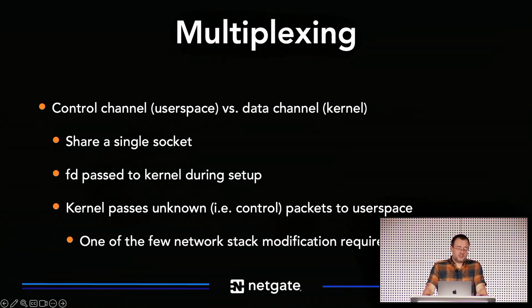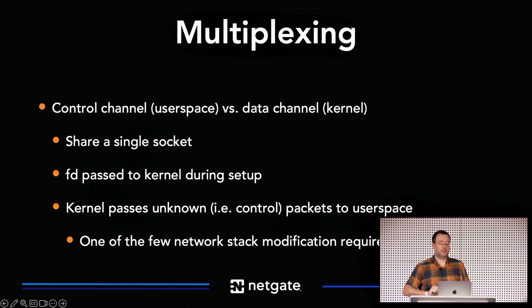The way we've solved this is that OpenVPN, when it starts a connection, will create a socket, a UDP socket in the FreeBSD case, and it will hand this socket over to the kernel when it's created an OpenVPN interface and says, here's all of the configuration information that you need. By the way, here's the file descriptor that I'm using as a socket.